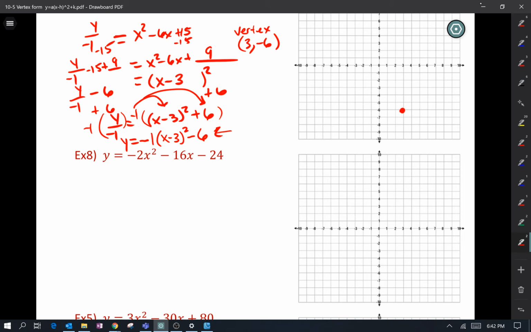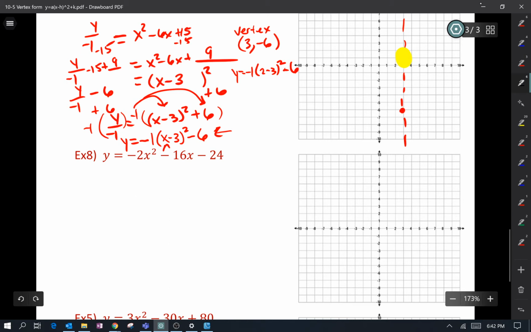So y equals negative 1 times 2 minus 3 squared minus 6. All I'm doing is putting the 2 in for x. Why did I pick 2? Because it's close to 3. It's close to the vertex. It's close to our axis of symmetry.